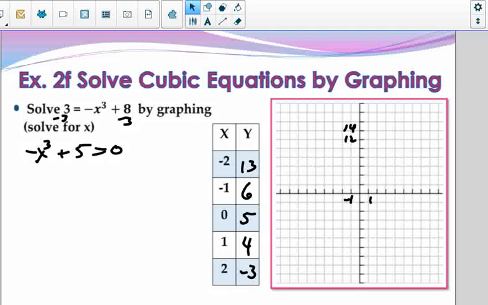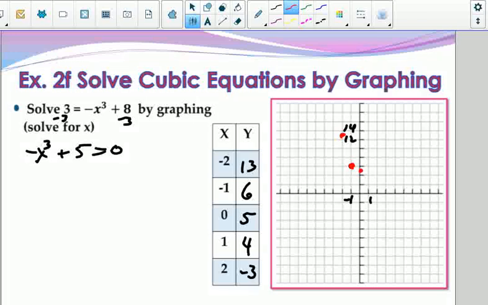So now let's plot our points. We have negative 2 and 13. So negative 2 up to 13, that's in the middle here. Negative 1 and 6, so negative 1, 2, 4, 6 would be here. And again, 0, 5 would be here.